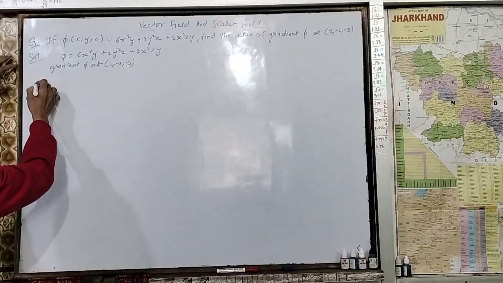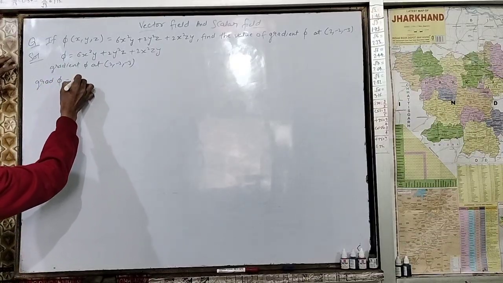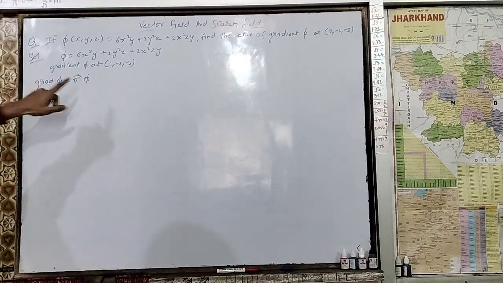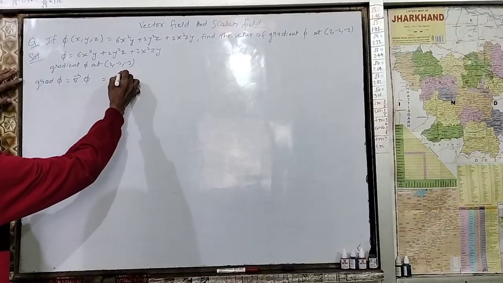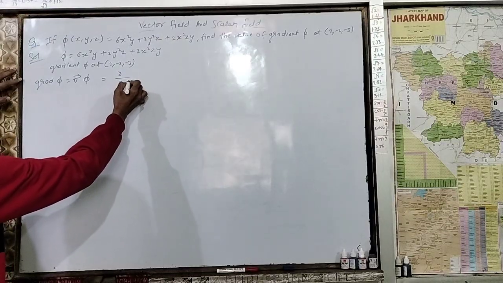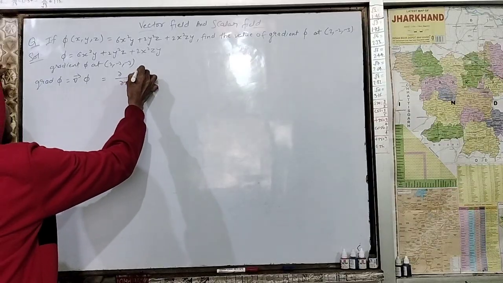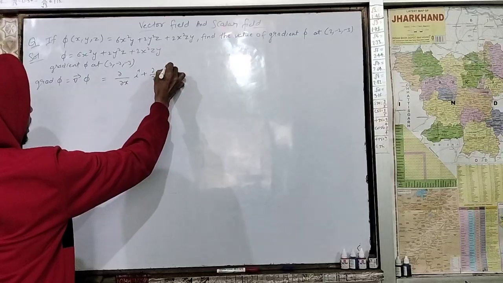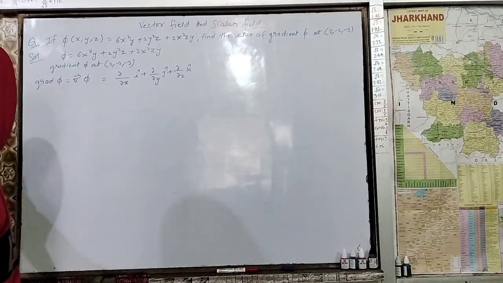You know that this grad phi is equal to the del operator phi. Okay, and this is equal to d phi by dx I cap plus d upon dy j cap plus d upon dz k cap.